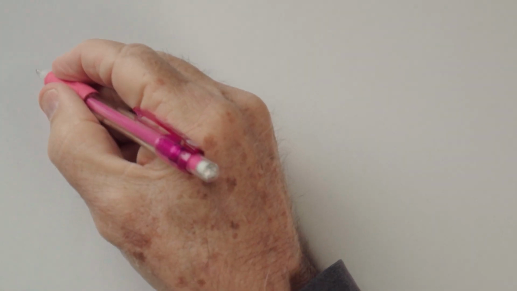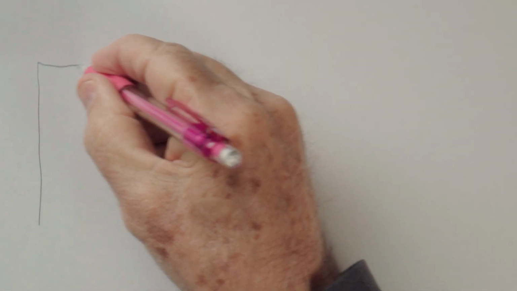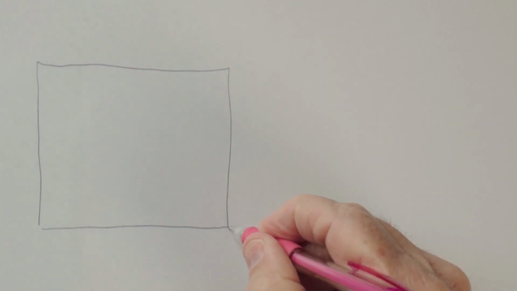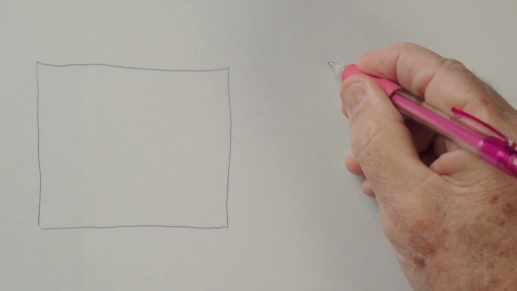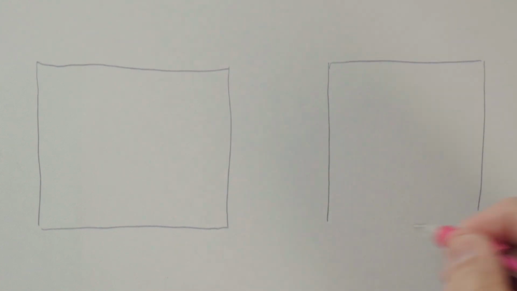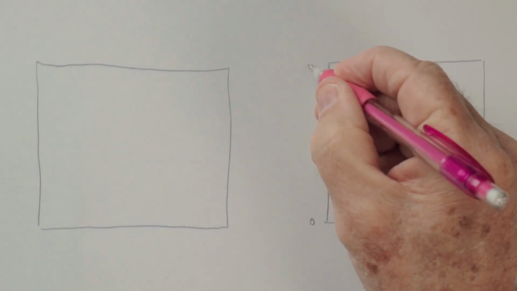Time for some theory. Now let's assume that this is our scene on the camera and that this is our waveform monitor. The waveform monitor goes from 0 to 100.